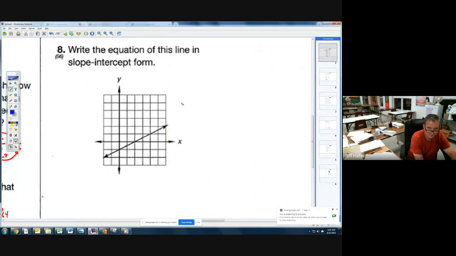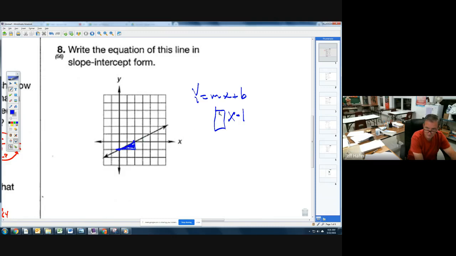I think we left off, we did most of this. Y equals mx plus b. We said right here that that crosses there at -1. So I now need the slope. Slope is rise over run. Here's the triangle I can make.